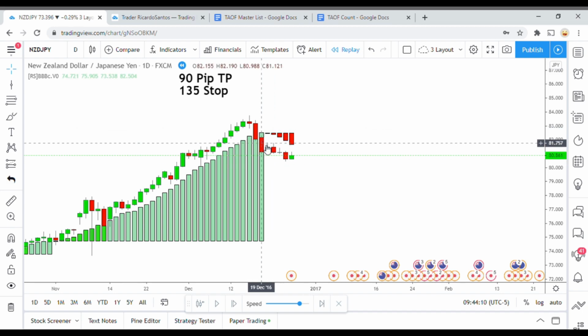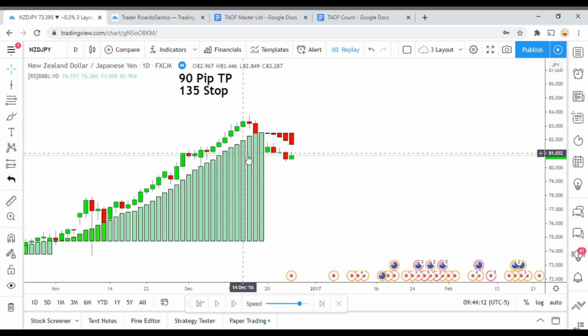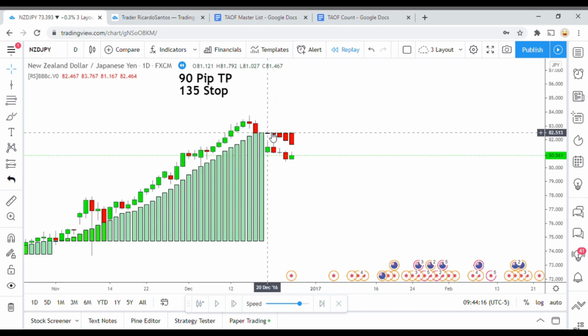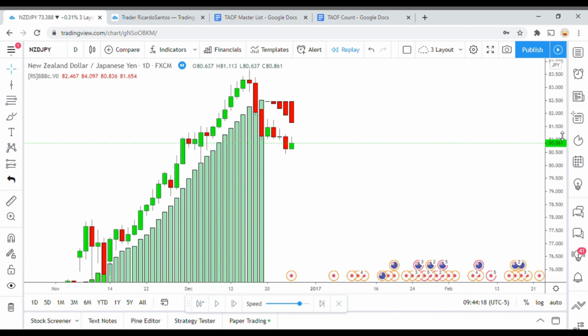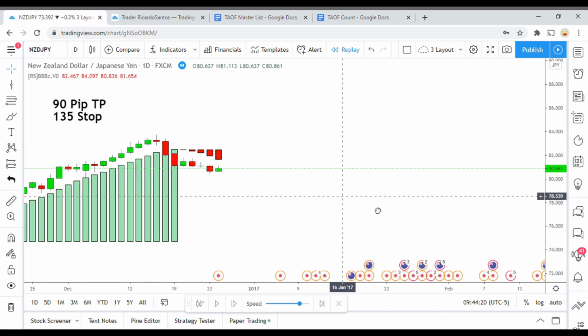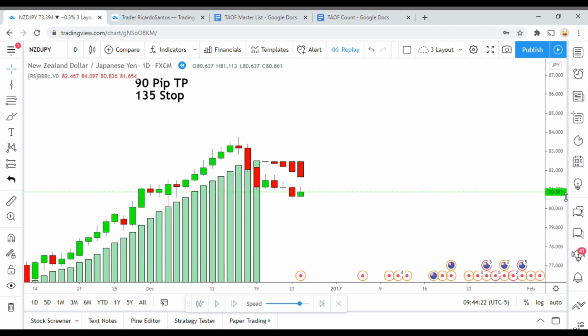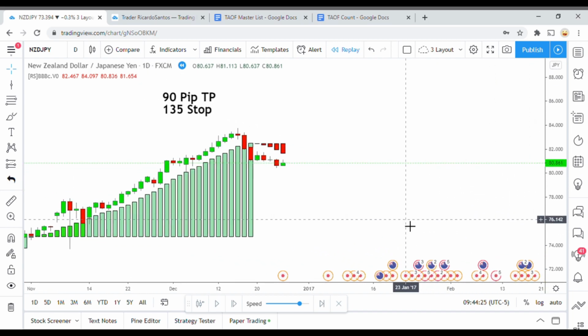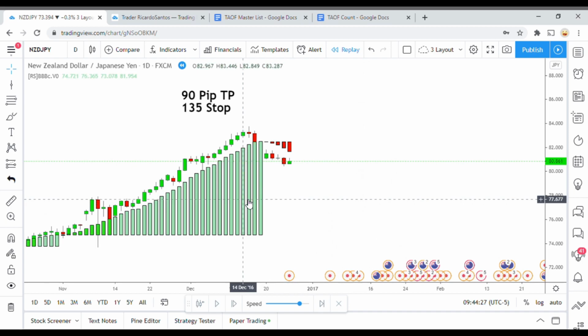And then we see right here that on this candle, the bars flip from being underneath to overhead, and they are giving a red color. I know that first one, you can't quite see it, but it is flipping.